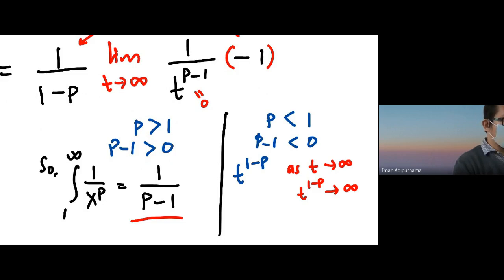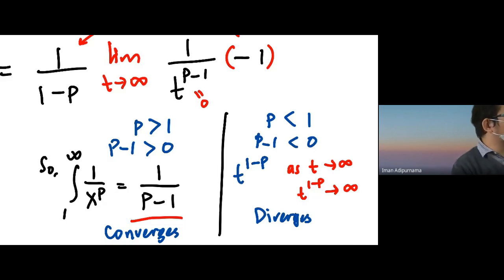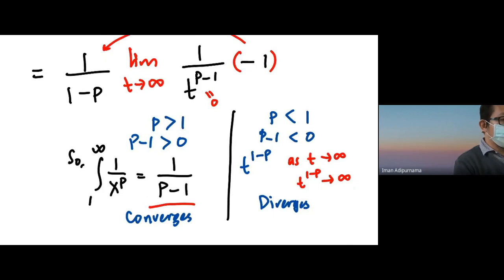Logically, it diverges. Also, if you take p equal to 1, it will also diverge because it will be 1 over 0 here, right? So p greater than 1 converges, p less than or equal to 1 diverges, okay?